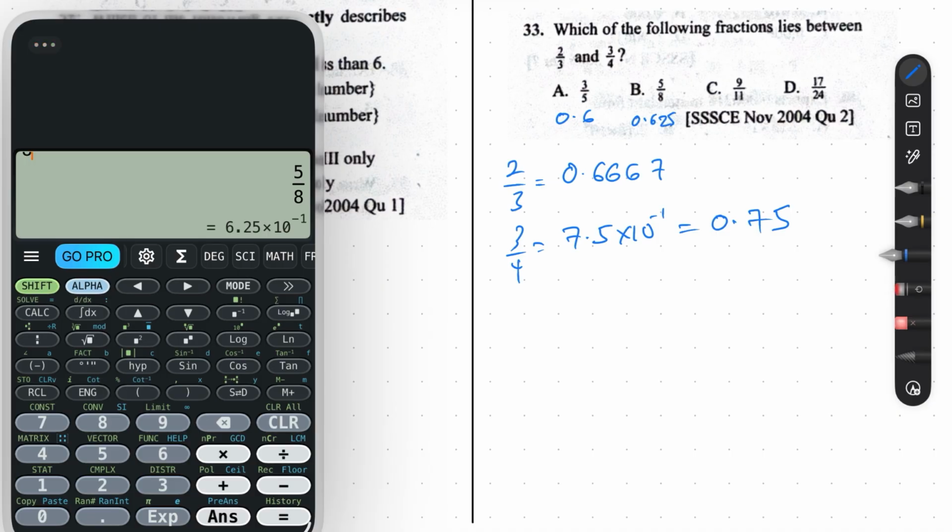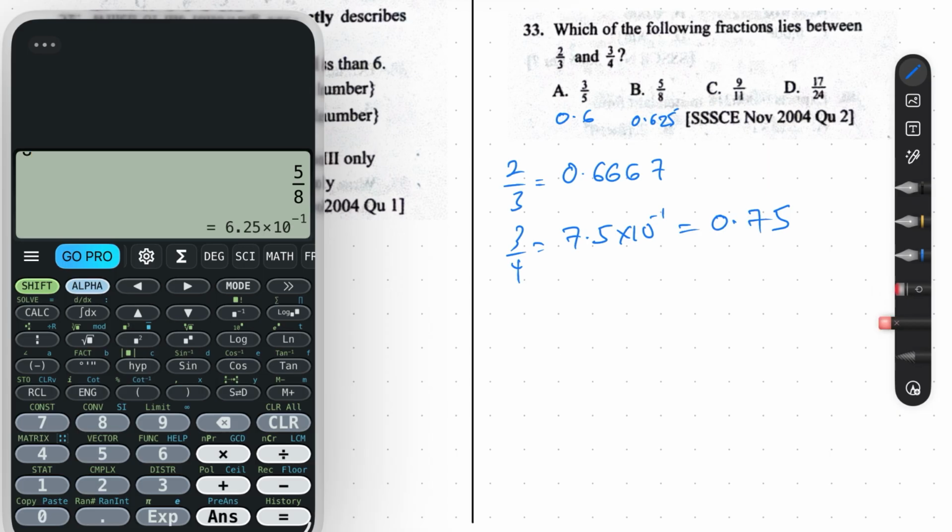The question is not actually asking for numbers that are between these, but I think it's asking for a number that lies exactly between 2 over 3 and 3 over 4. That means we need to add them, then divide by 2 to get the number that's exactly between them, right? Cool.